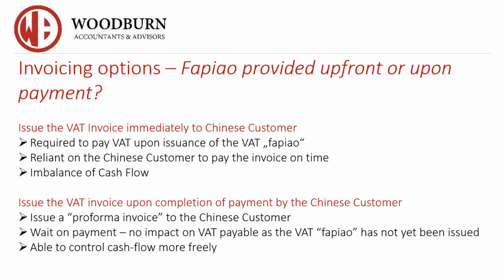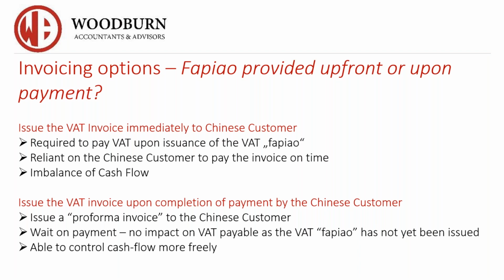Now, the next slide for me really determines how you are physically going to operate in China, okay? So the question is, should I print out my Fapiao up front to the customer before I've received payment? Or should I just issue, I don't know, an Excel formatted or Word formatted pro forma invoice to the customer, wait until I receive payment, and then issue the Fapiao?